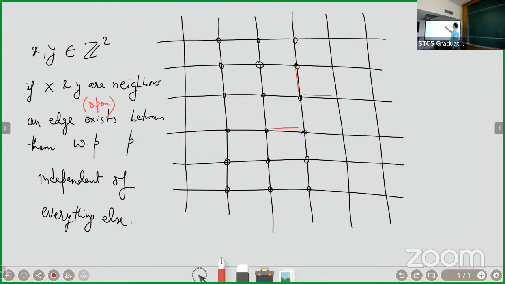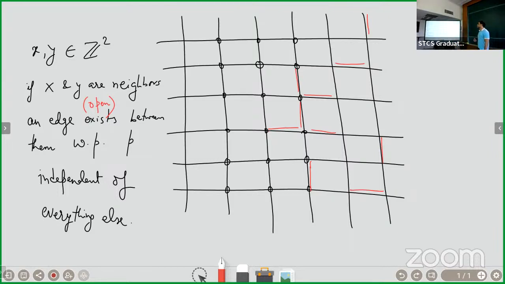There are two ways to think about it: the edge is always present, and it is open or closed; or you can say an edge exists or it doesn't exist. These are the same thing. So whatever I'm making red are the ones which exist, or are open. This defines my random graph.